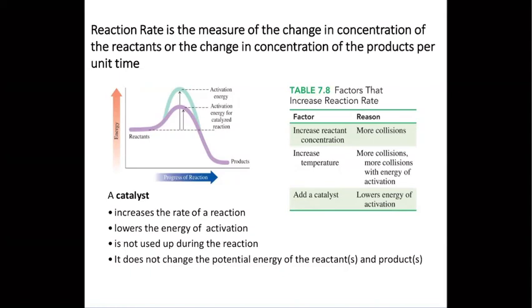That's what the rate of the reaction is. So whenever we're looking at the rate of the reaction, that's changing concentration from reactant to product, there are factors that actually increase the rate of the reaction. They are summarized in table 7.4 in the textbook.